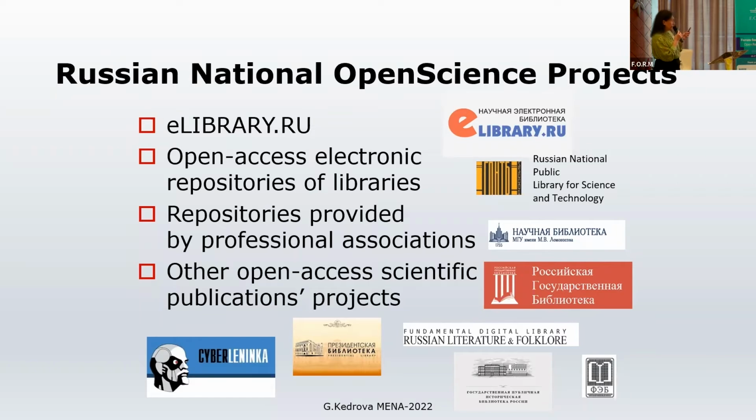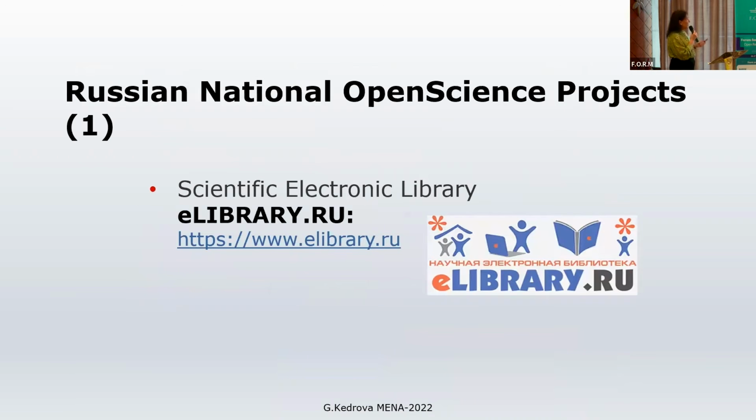Then repositories provided by professional associations. We have professional associations, and they are preparing their own open repositories of important documents. And other open access scientific publication projects, as I've already mentioned, CyberLeninka or some other biggest libraries of Russia.